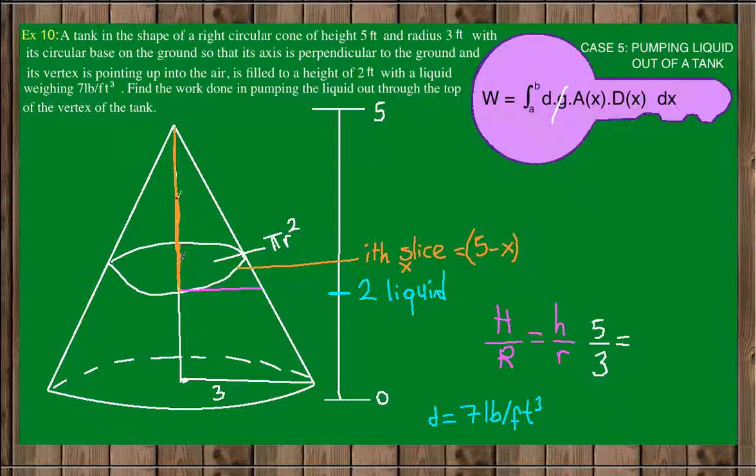So the height of the small triangle is 5 minus x. And the radius is what we are solving for. So let's cross multiply. So 5r equals 3 times 5 minus x. So r equals 3 times 5 minus x divided by 5.